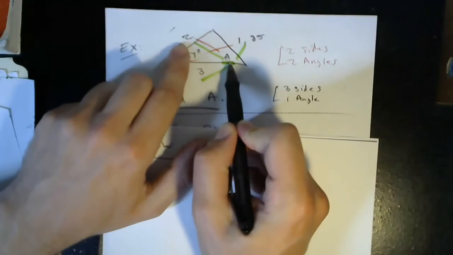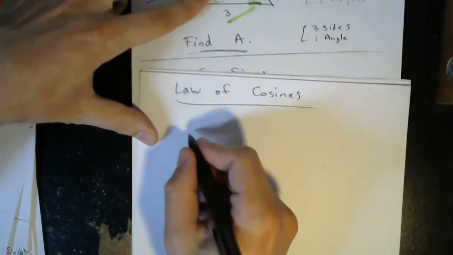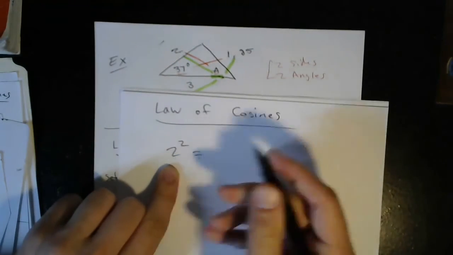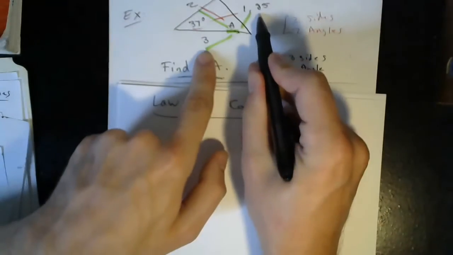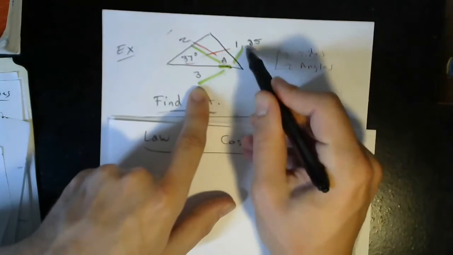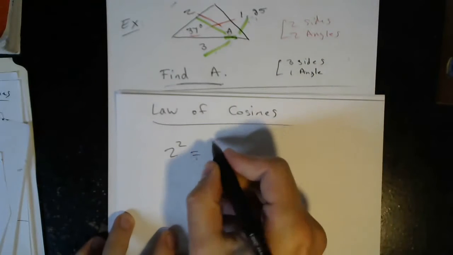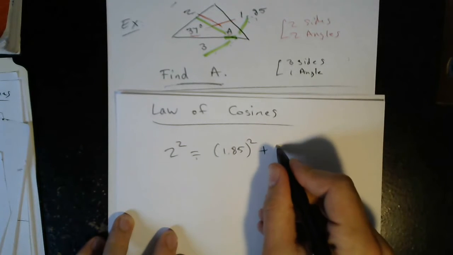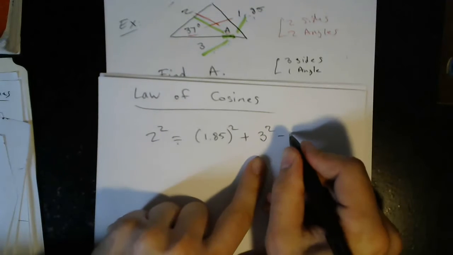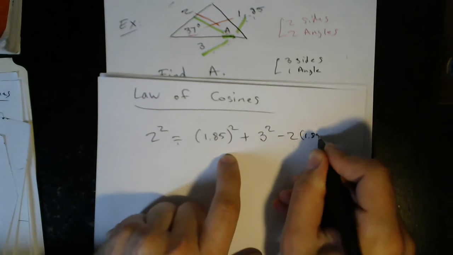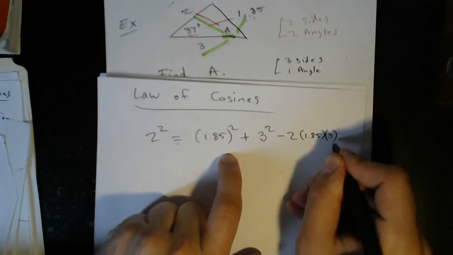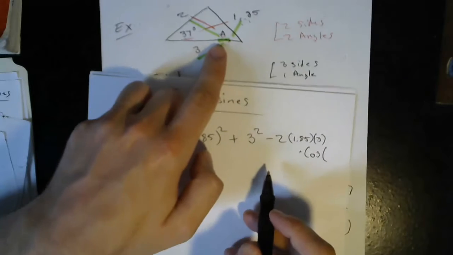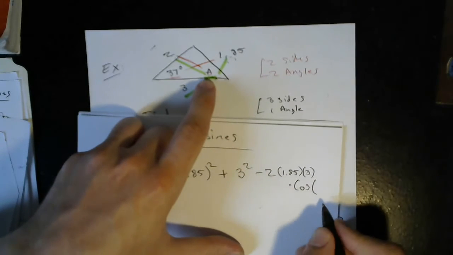So the side across from the angle is going to be squared by itself. So this would be little a squared. And then we take the 2 sides next to the angle, those are what's squared on the other side. So 1.85 squared plus 3 squared minus 2 times 1.85 times 3 times cosine of, and this is where we need to have that angle specifically, so A.